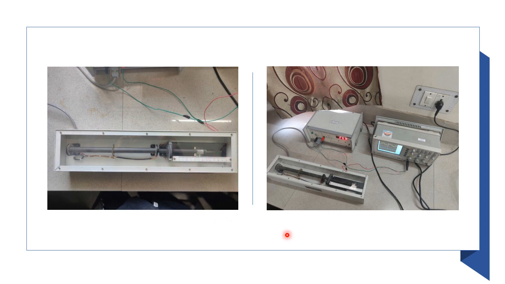This is the whole setup: this is the mechanical unit, this is the main unit, and this is the CRO. We connected the CRO with excitation so that we can see the demodulated output. Here you can see the slider; we slide the core left and right, see the voltage output, and calibrate it so that we can relate displacement to voltage.